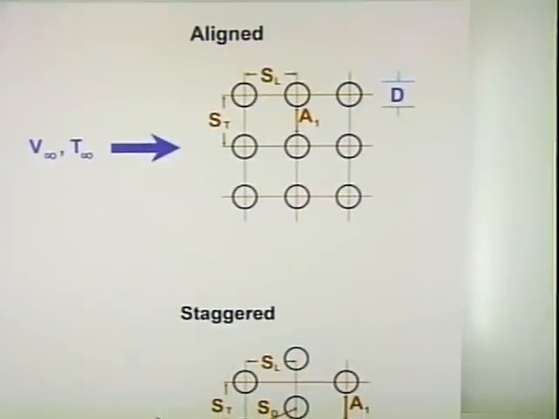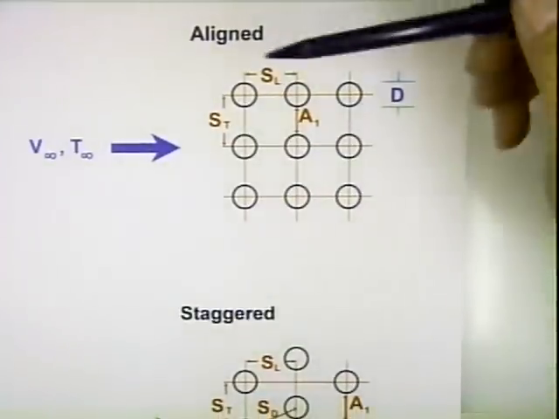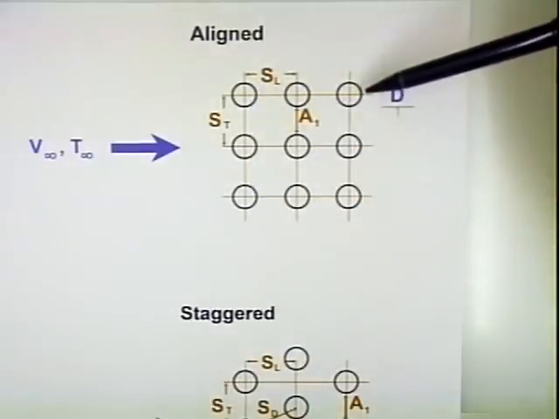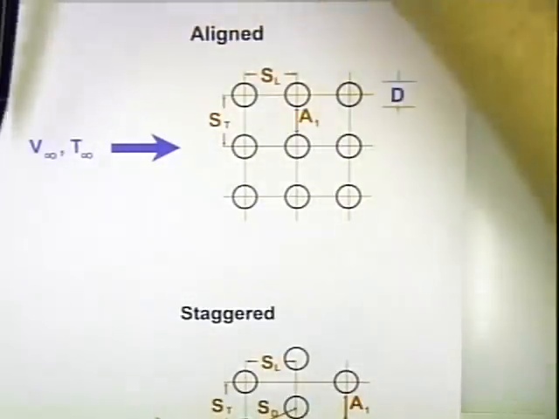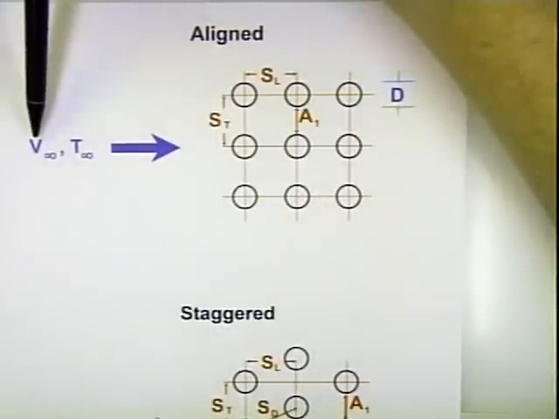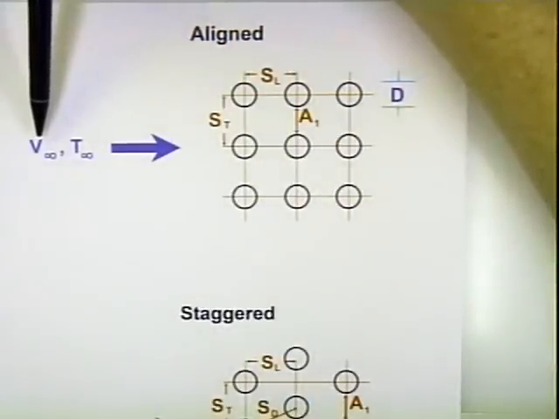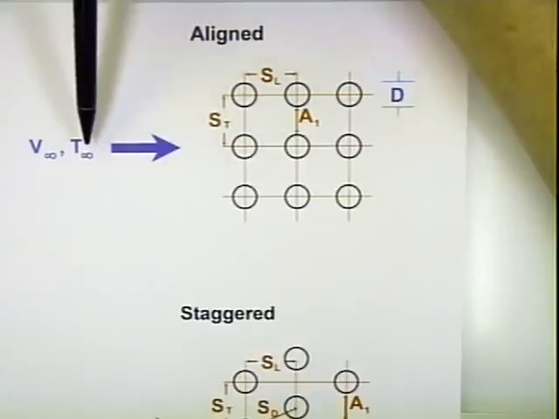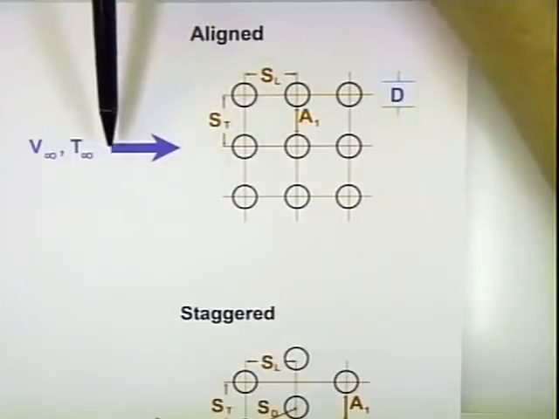So we have two choices. First would be the aligned configuration, and you can see that in the vertical direction they're aligned, and in the horizontal direction they're aligned. And we have flow coming into the tubes like this. So V infinity would be the velocity of the flow far upstream of the tube bundles, and T infinity would be the temperature far upstream.